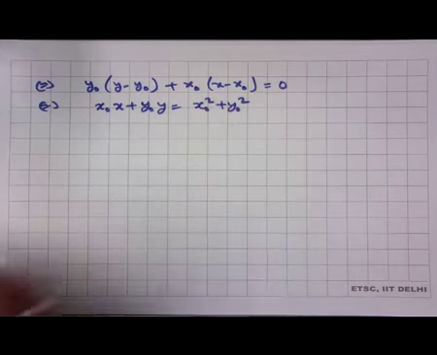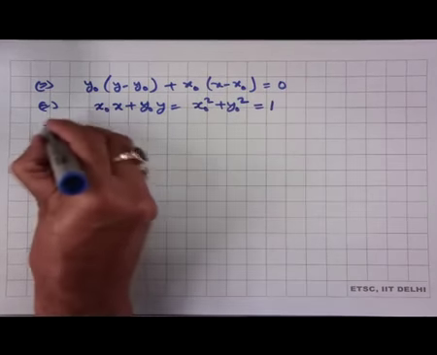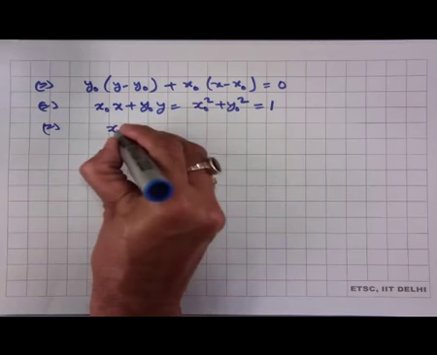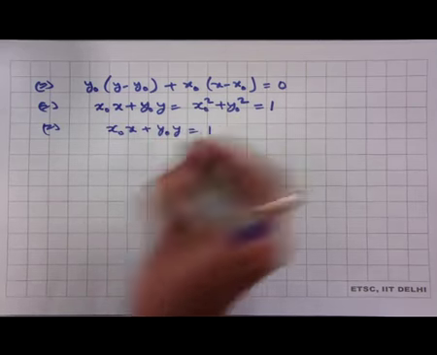But x naught square plus y naught square is equal to 1. So, we get x naught x plus y naught y is equal to 1.